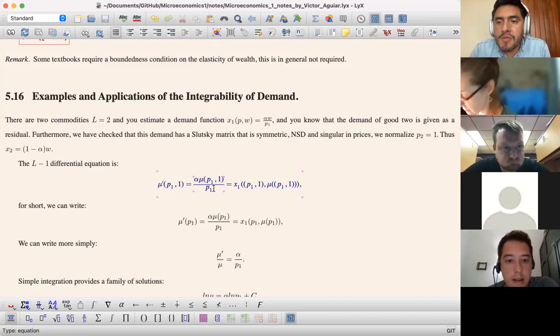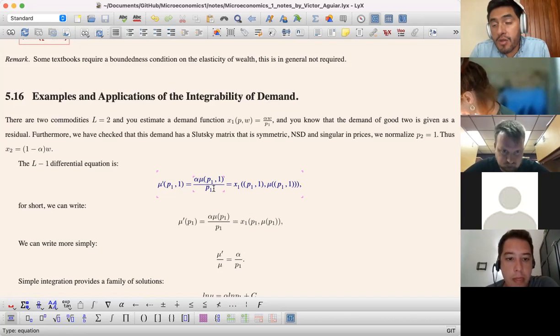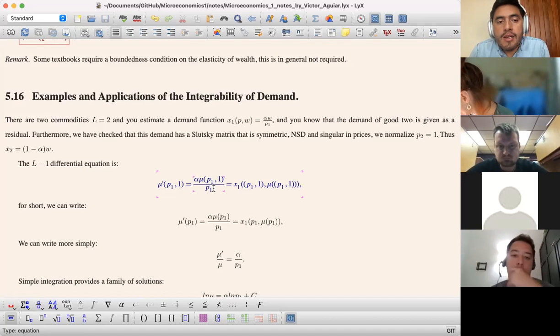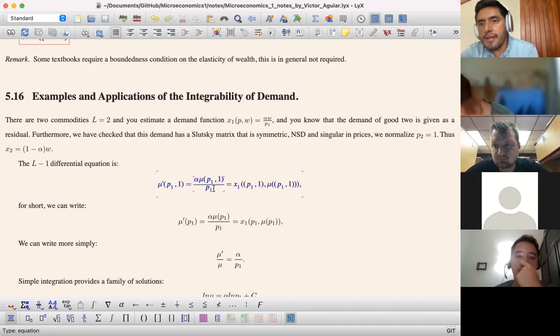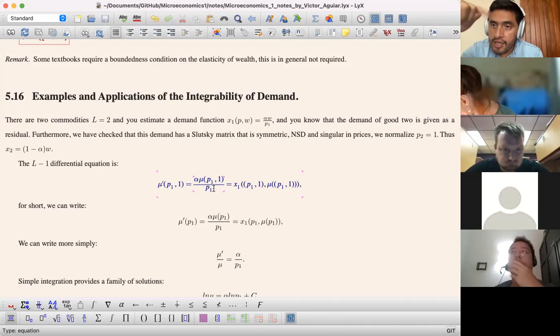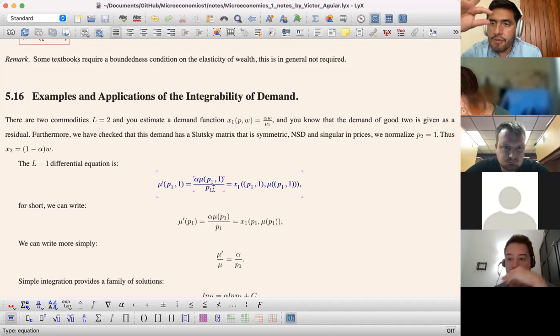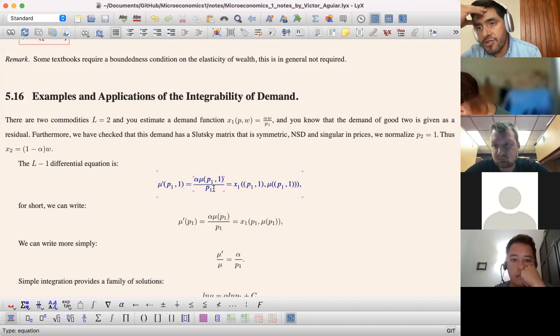So mu prime with respect to the only argument, P1, is equal to alpha mu of P1 divided by P1. In other words, I'm taking the demand function, changing the income W by the mu function, and then equating this demand function to the derivative of this mu function.